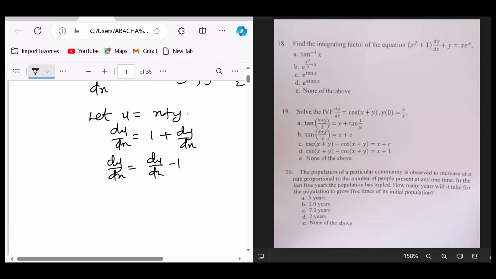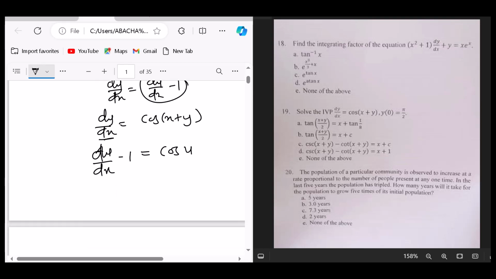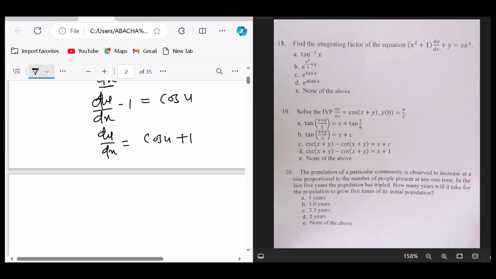Doing our substitution, we know dy/dx equals cos(x plus y), but x plus y is u, so du/dx minus 1 equals cos u, and so we have du/dx equals cos u plus 1. This is separable.